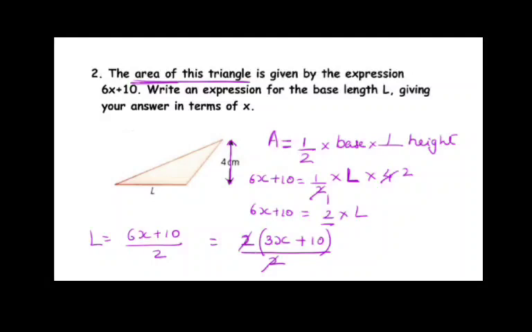This 2 and this 2 gets cancelled. So they want the base length in terms of x. So here we go. The base length in terms of x is 3x plus 5. That's your answer in terms of x.